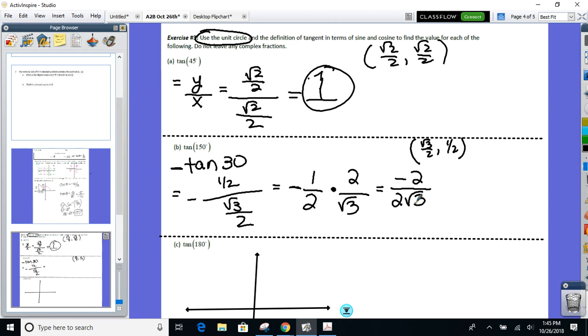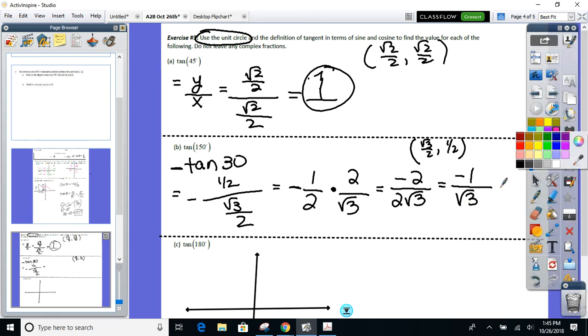Can I simplify? Yeah, I can get the 2's out of there. So what's left when I get the 2's out of there? -1 over. Self-respect. All right? Don't be an embarrassment. You're not going to leave a radical there. How do you get rid of the radical?